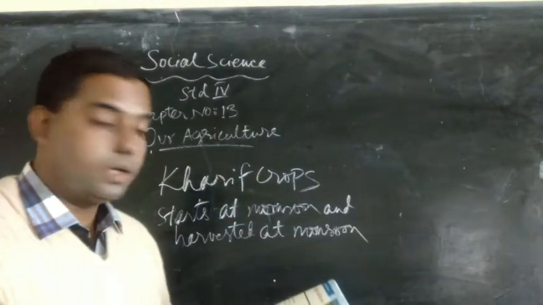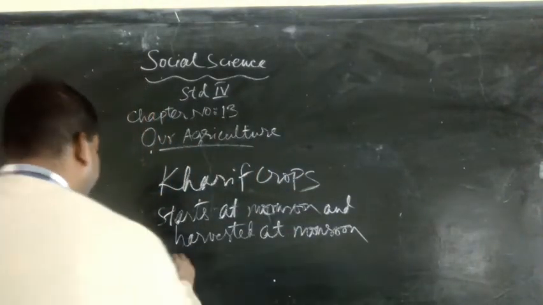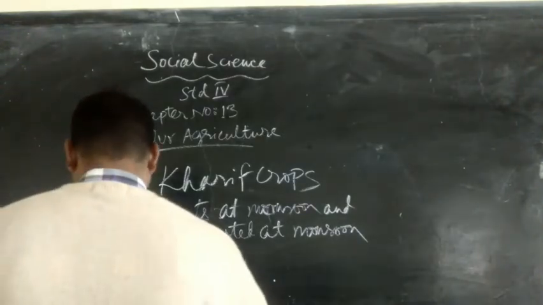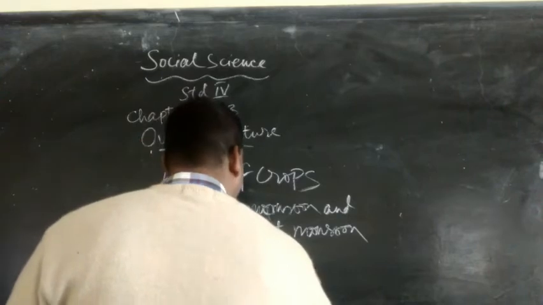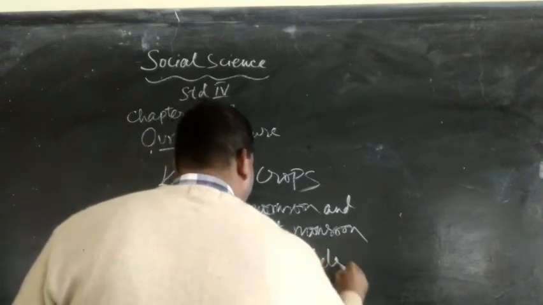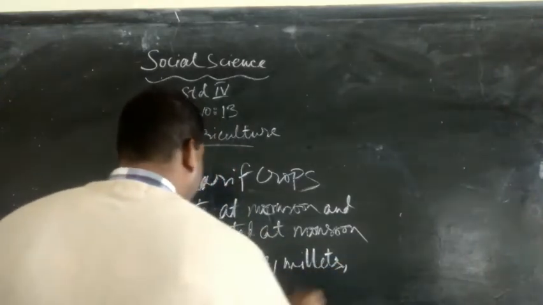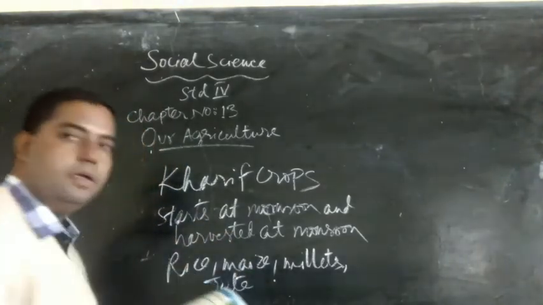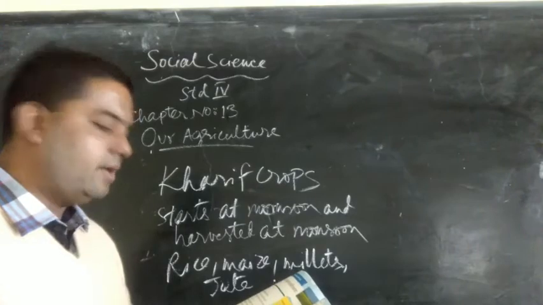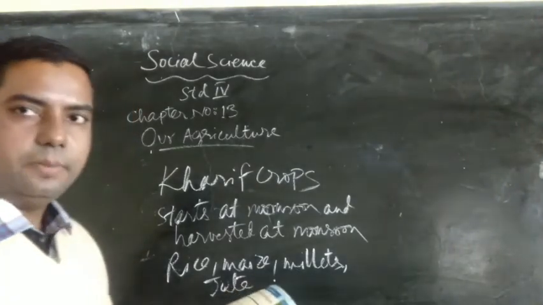Now what are the crops which are grown? It is rice, maize, millets, then you have jute, and cotton. So this was all about Kharif crops.